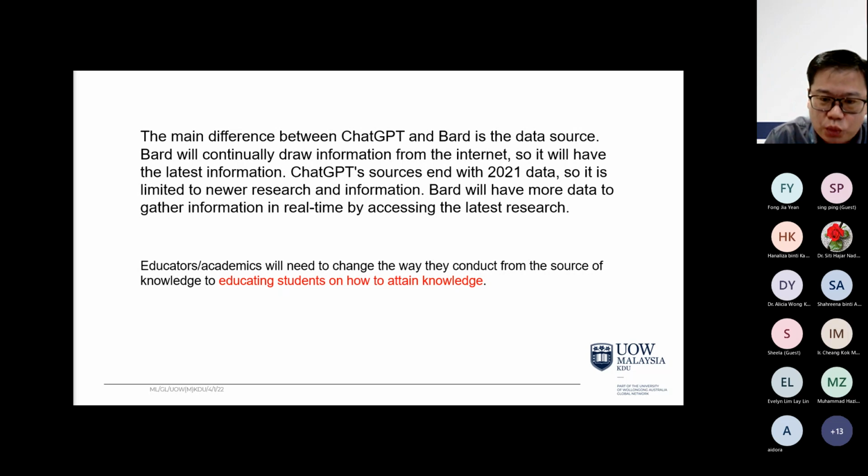And by working with it, we need to understand that the skill the students need may not directly relate to teaching them the knowledge. It is applying the knowledge. How do they apply the knowledge? And teach them how to source for the correct knowledge, the sourcing of the knowledge itself.